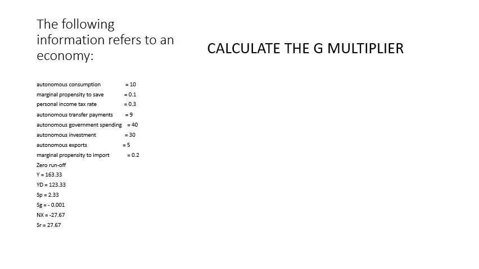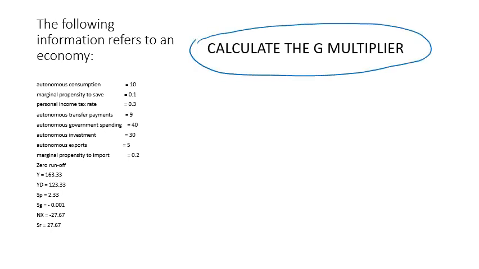The last calculation was this one here. I didn't state it that way, calculate the G multiplier, but that was the implication. Once again, I got to add consumption here, 121, okay? All right, now, let's see. How do we calculate it?